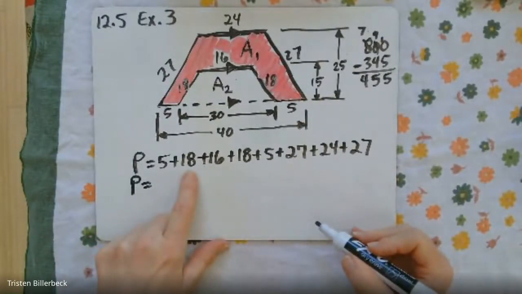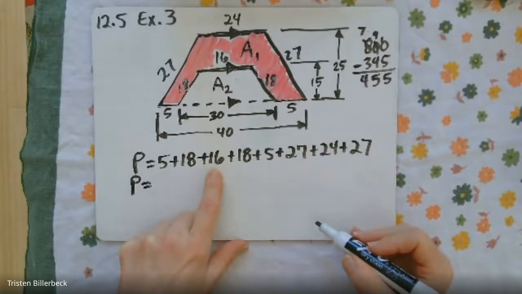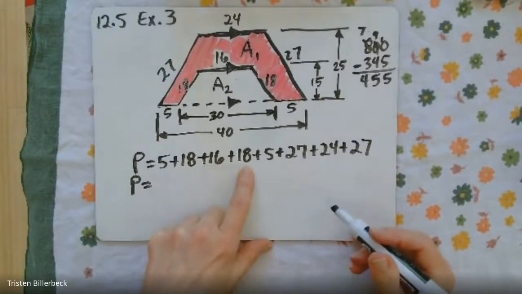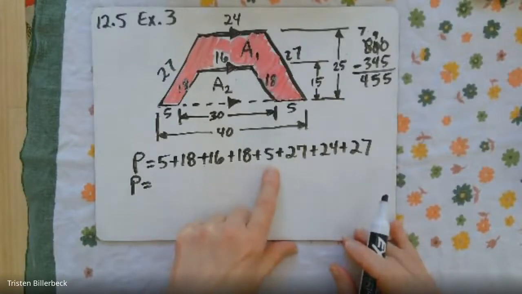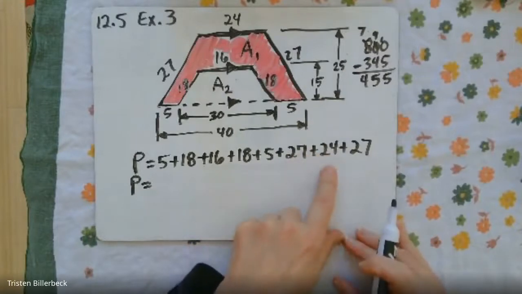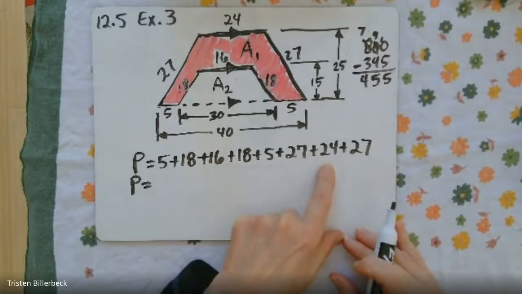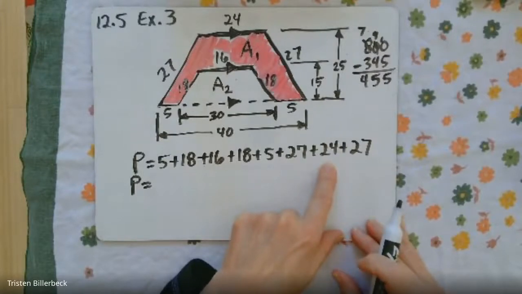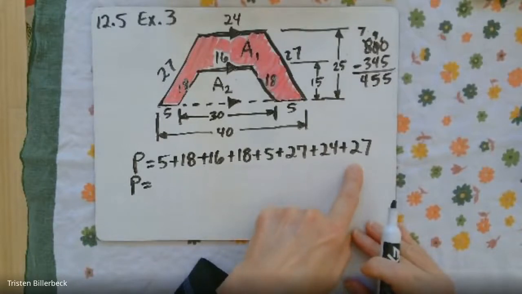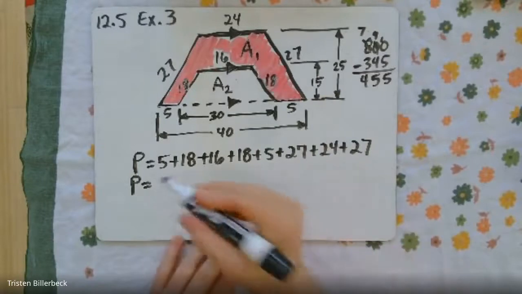5 plus 18 is 23. 23 plus 16, that'd be 39. 39 plus 18, that'd be 57. 57 plus 5 is 62. 62 plus 27 is 89. 89 plus 24 is 113. 113 plus 27 is 140.